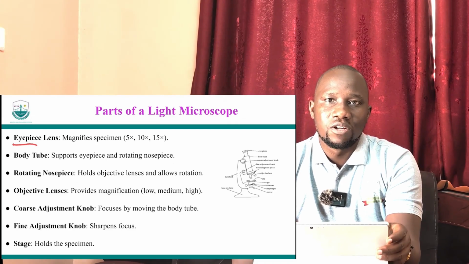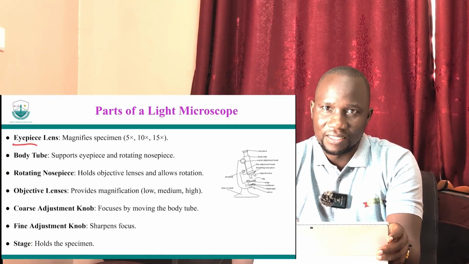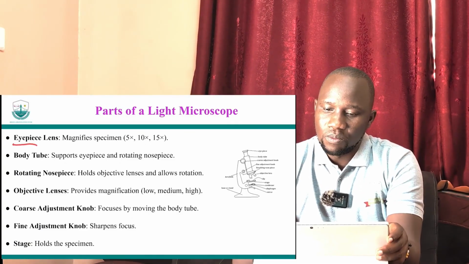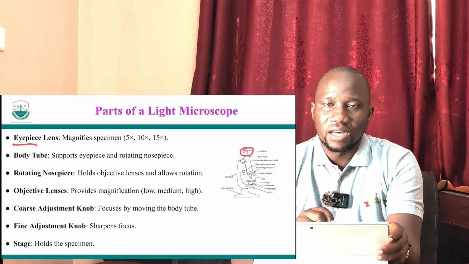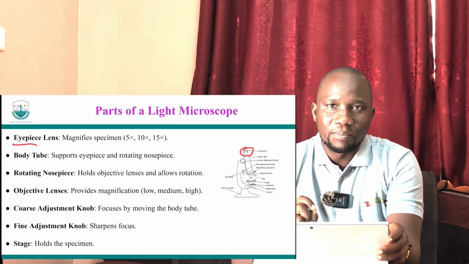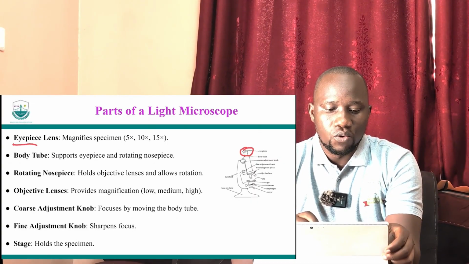Sometimes it is named the eyepiece or the eyepiece lens. That's the eyepiece lens. It's where you place your eye. It plays an important role in magnification.